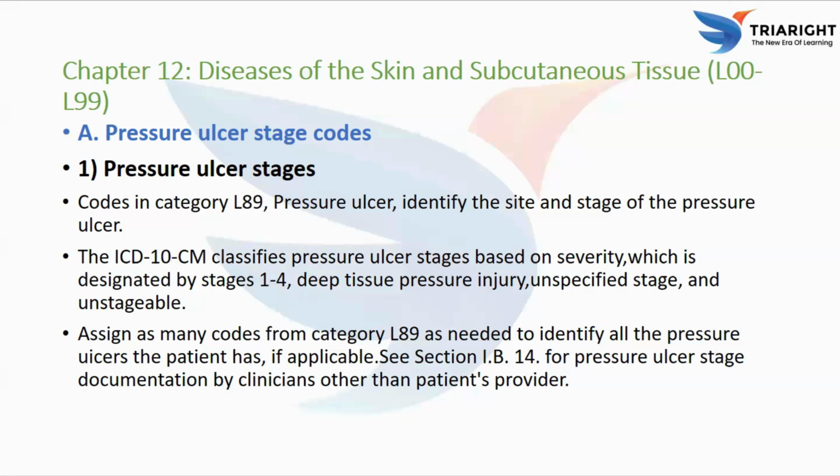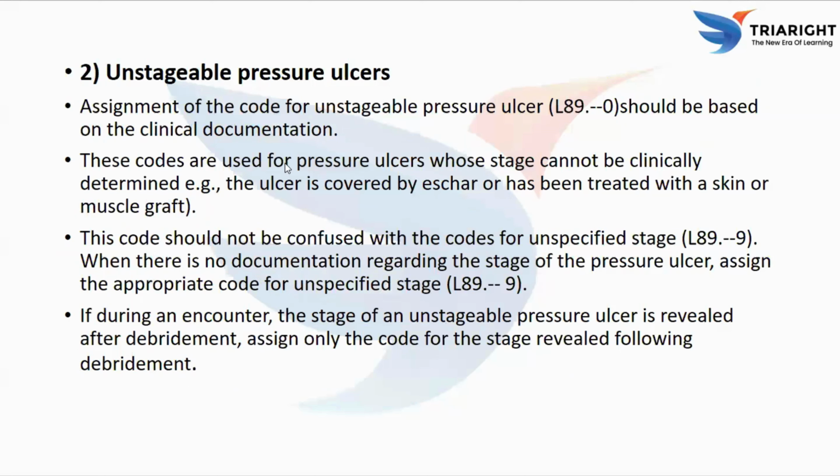So the second one is unstageable pressure ulcer. How do you code unstageable pressure ulcers? A pressure ulcer is called unstageable when the healthcare provider cannot determine the severity of the ulcer because the wound surface is covered or obscured. So when do we assign a code ending in 0, like L89.0?